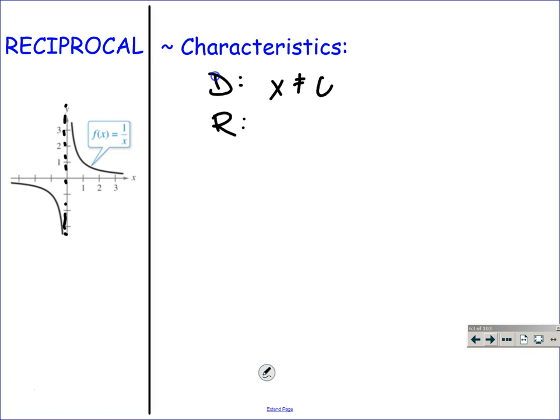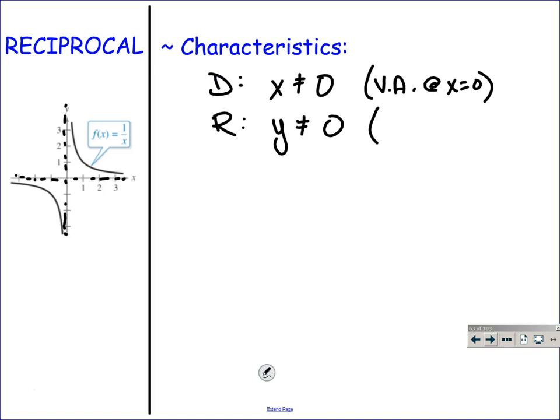A denominator of 0, a domain problem, but we also call it the vertical asymptote. Range in this one, which isn't always the case, what is y not allowed to be? What exists there? A horizontal asymptote.